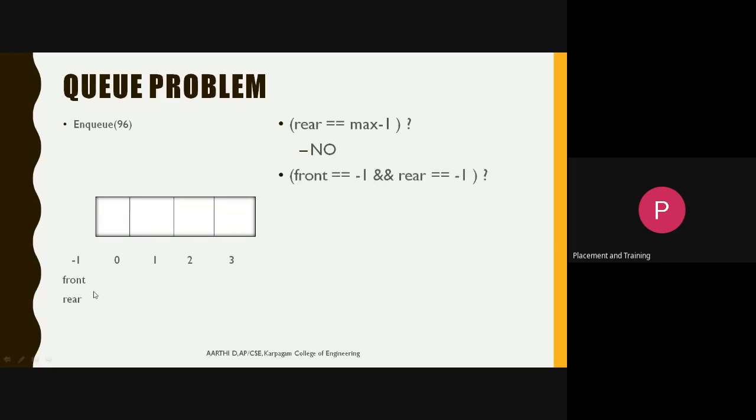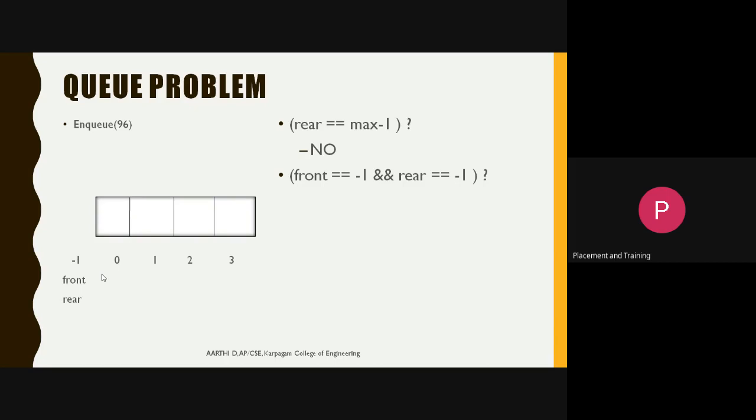Next, I'm checking whether my front and rear are both at -1. Why check this condition? If this is the first element that's going to be inserted into my queue, then my first element and last element are the same element. If I have only one element present in my queue, both the first and last element point to the same element.